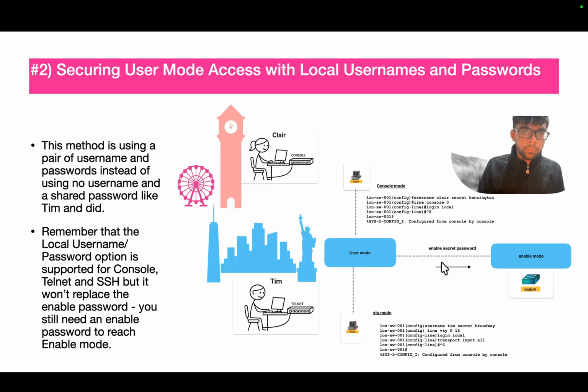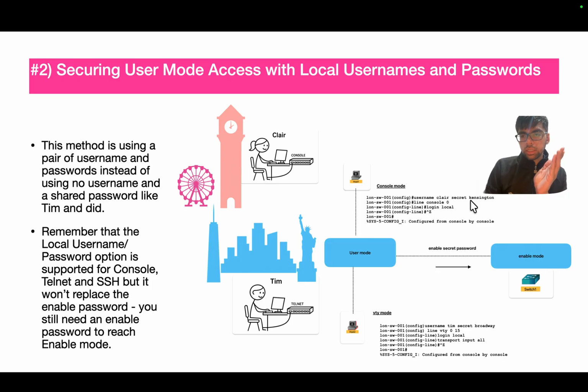Now, that's okay, but there's a better way to do it, which is to have a username and password pair rather than simple shared passwords. For example, Claire accessing via console can now create a username. To secure her console access, she configures a username of Claire with the secret Kensington.